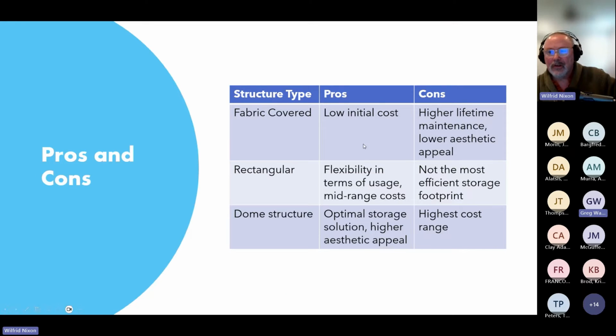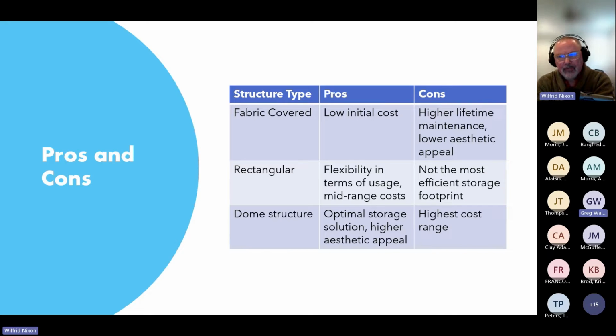In terms of pros and cons of these various structures, you can see fabric covered is going to be a low initial cost for a given area or volume of storage. But as a con in that regard, there will be a higher lifetime maintenance for these structures.